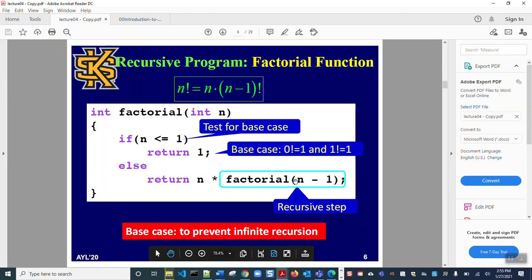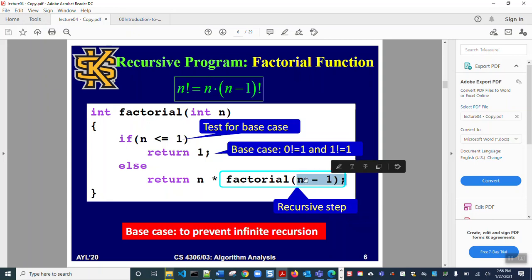Recursion happens here. Instead of returning some value, it is calling the same function again, but it is decrementing the argument value. Every time n is decreasing, so at some point n will be 1.